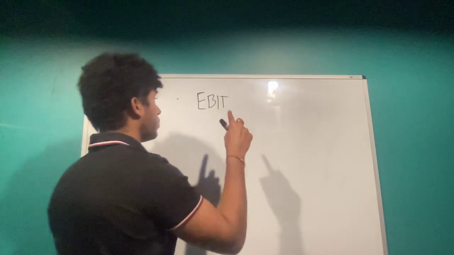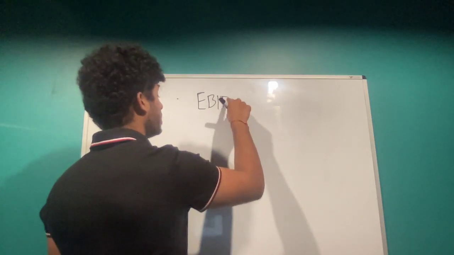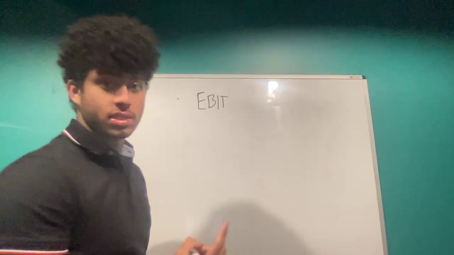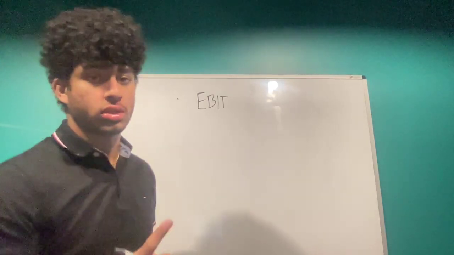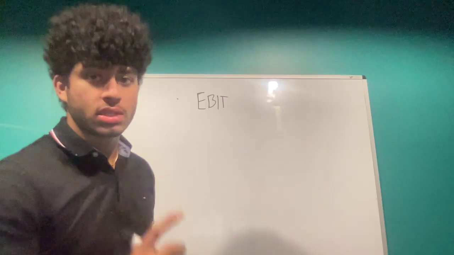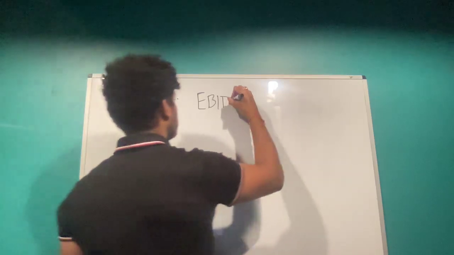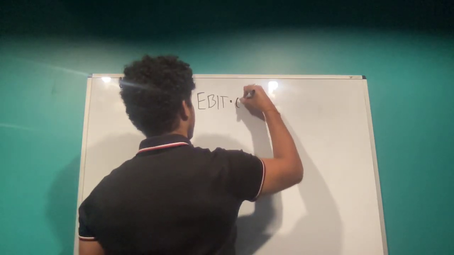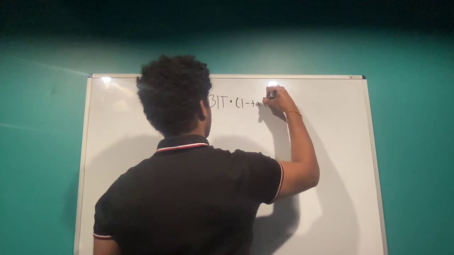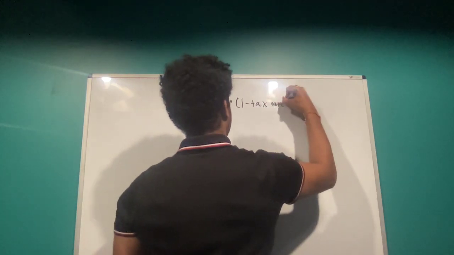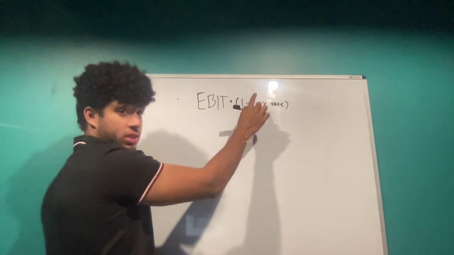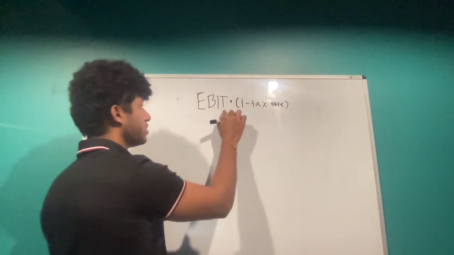So again, with EBIT, we have not accounted for taxes, but we have accounted for depreciation. So remember, the concept itself is not very different. There's just a few slight tweaks. So in this case, you would want to multiply by 1 minus the tax rate.